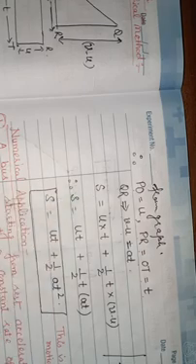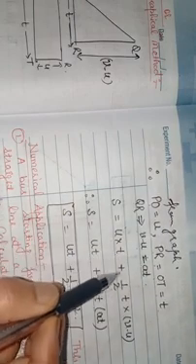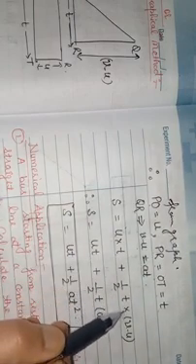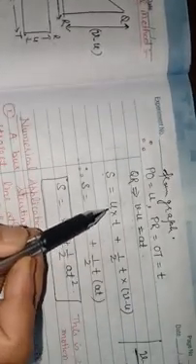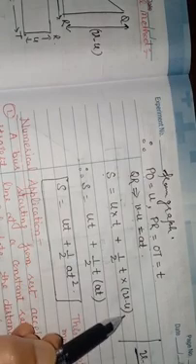So substitute all these values in this equation. Then s is equal to u multiplied by t plus half t multiplied by v minus u.